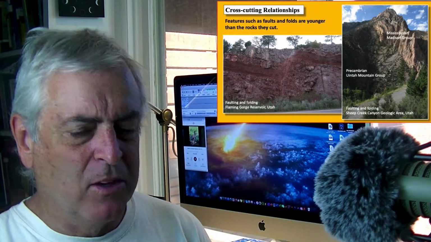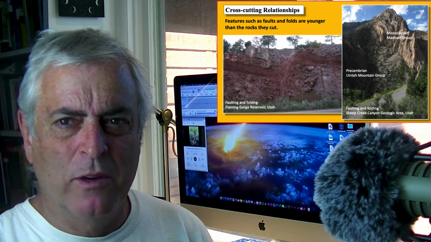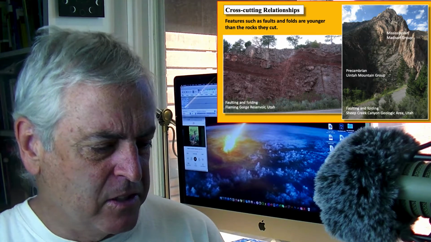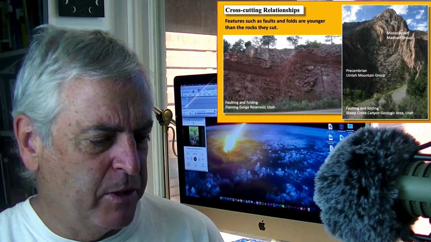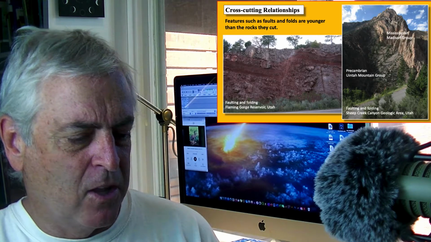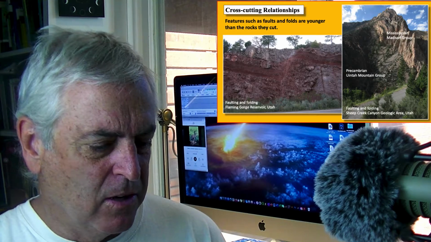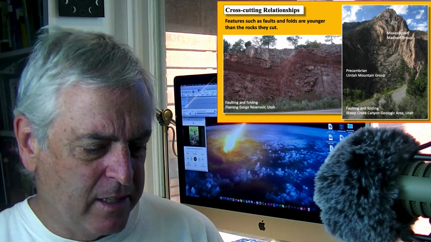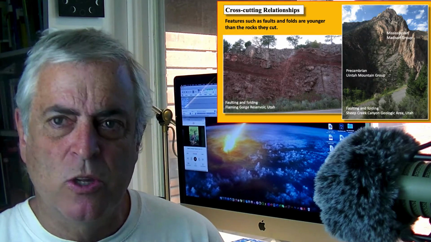If we look at something called cross-cutting relations, this is another one of these key geologic principles that we study in geology. Here you can see actually a fault that cuts some sedimentary rocks. This is up in the northwest corner of Colorado, and this is near Flaming Gorge, I think they call it. And on the right-hand side, that's a Sheep Creek Canyon geologic area.